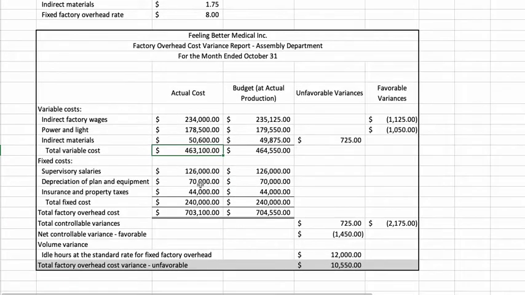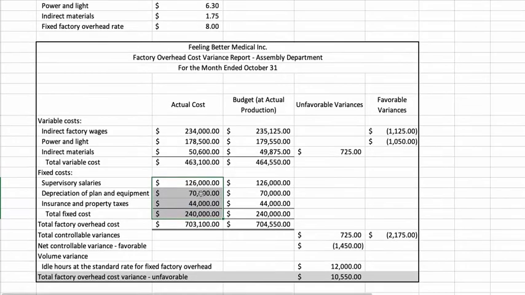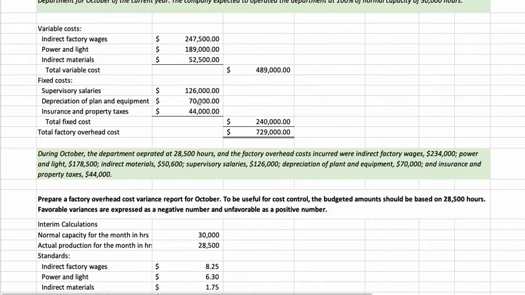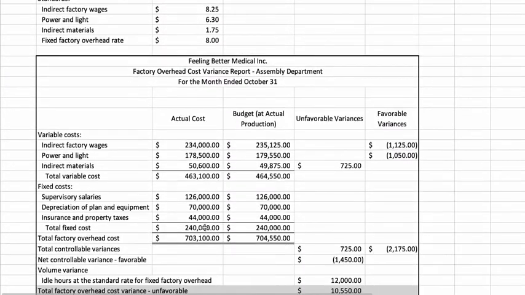For our fixed costs, that stayed the same. So this amount right here is the same amount that is listed above, right here. And that didn't change. So $740,000. So our total factory overhead cost was $703,100.